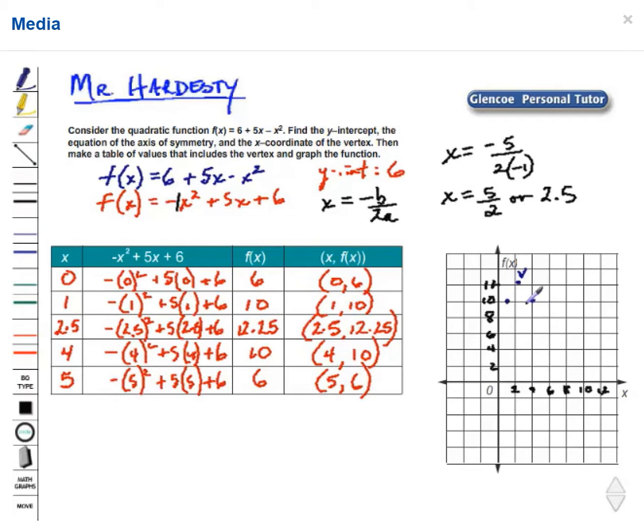Note the symmetry between those 2 points. And the same with 0, 6, and 5, 6. We'll draw the smoothest curve we can, connecting those points, and we'll have graphed our function 6 plus 5x minus x squared.